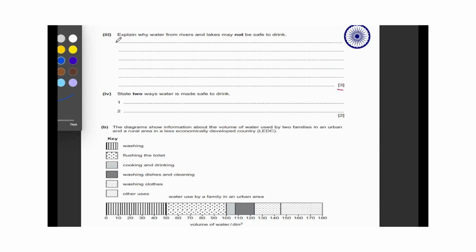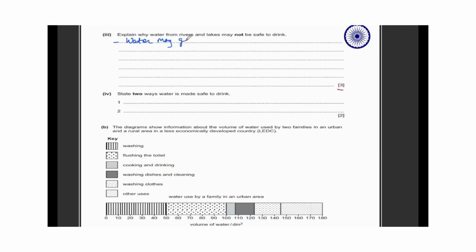Now, next one. Water may get contaminated by agriculture practices, like agriculture practices using what?